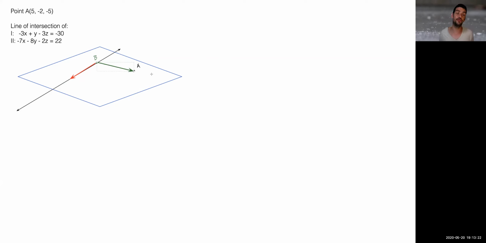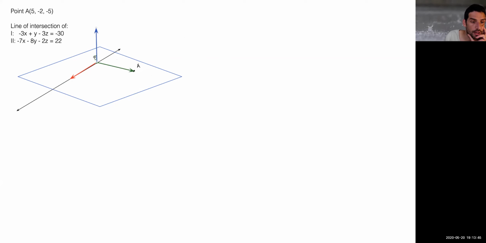So then we'll have our two vectors in the plane. And with those two vectors in the plane, we can create a normal vector, right? So this vector here will be our normal vector, okay?